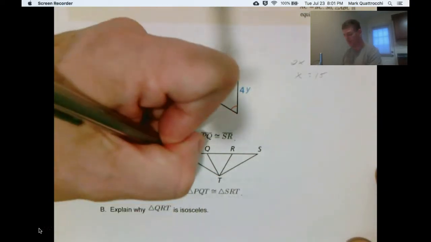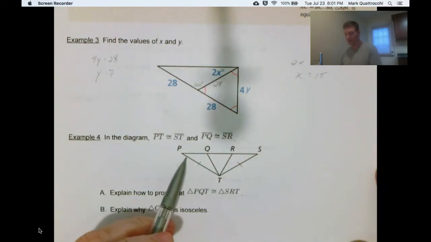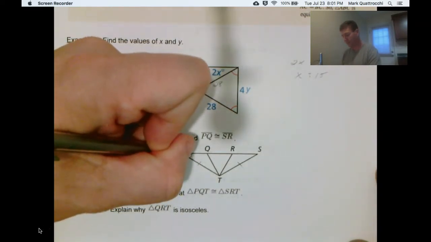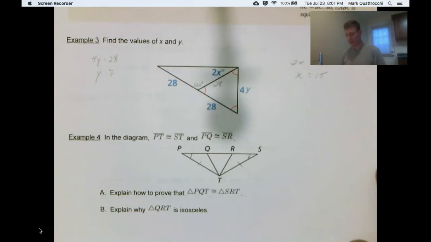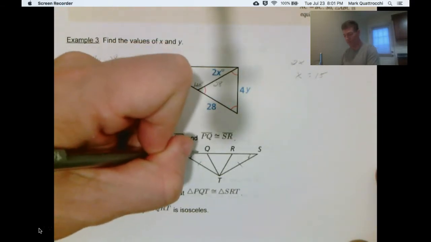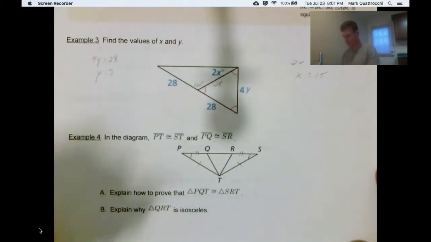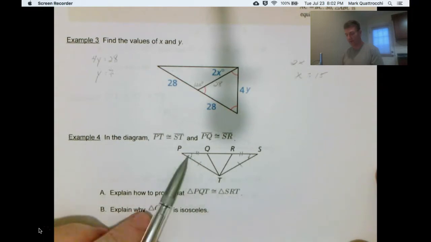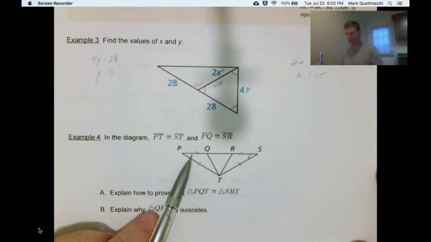So PT is congruent to ST. That means triangle PTS is isosceles, and by the base angles theorem, angle P is congruent to angle S. PQ is congruent to SR, and therefore triangle PQT is congruent to triangle SRT by side, angle, side.